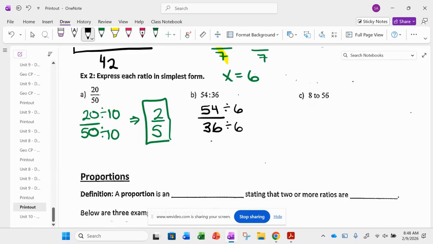And then 54 divided by 6 is 9. 36 divided by 6 is 6. Am I finished? No. Can I now divide by 3? So when I divide by 3, I'm going to get 9 divided by 3 is 3. 6 divided by 3 is 2. So 54 over 36 in simplest form is 3 over 2.